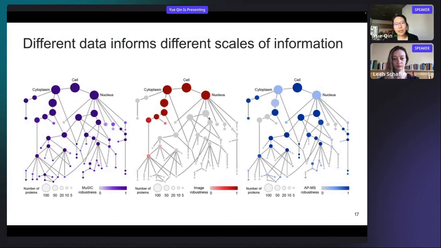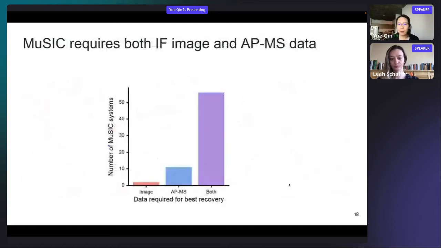We can see that image robustly identifies cellular components that consist more of the upper structure in the cell, while APMS provides more information for the middle to lower scale in the cell map. And of course, you need both data to best recover the MuSIC systems. Here on the y-axis is the number of MuSIC systems that is most robustly recovered based on the data that's being input.